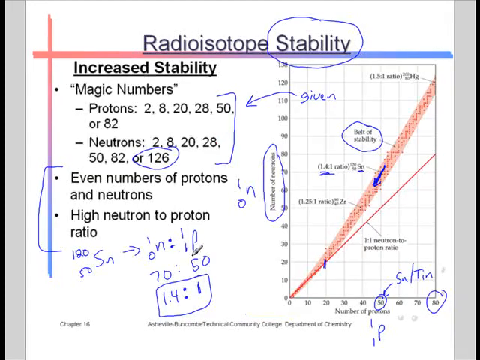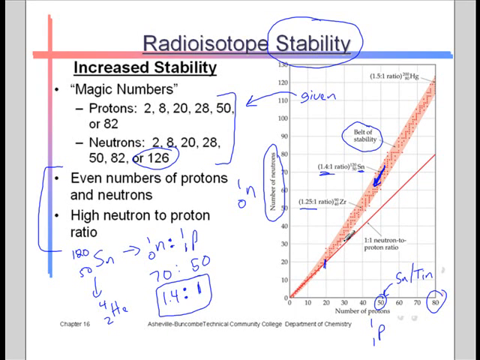So my best guess is that if tin-120 is a radioisotope and it disintegrates, it's going to kick off an alpha particle. Okay, and we'll look at these equations in a little bit. Notice that as you get closer and closer to 0 down here, or hydrogen at 1, then that ratio changes. It's about 1.25 to 1 for zirconium, and then for mercury, as you get up high here, it's a 1.5 to 1 ratio to this band of stability.